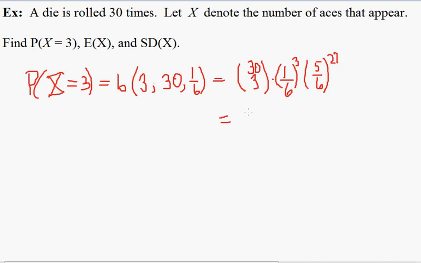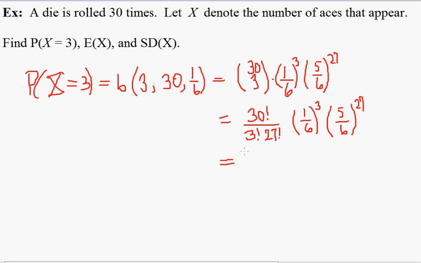Okay, 30 choose 3, that's equal to 30 factorial divided by 3 factorial times 27 factorial. Again, times 1/6 to the third power times 5/6 to the 27th power. 30 factorial, that's 30 times 29 times 28 times 27 and so on down the line.